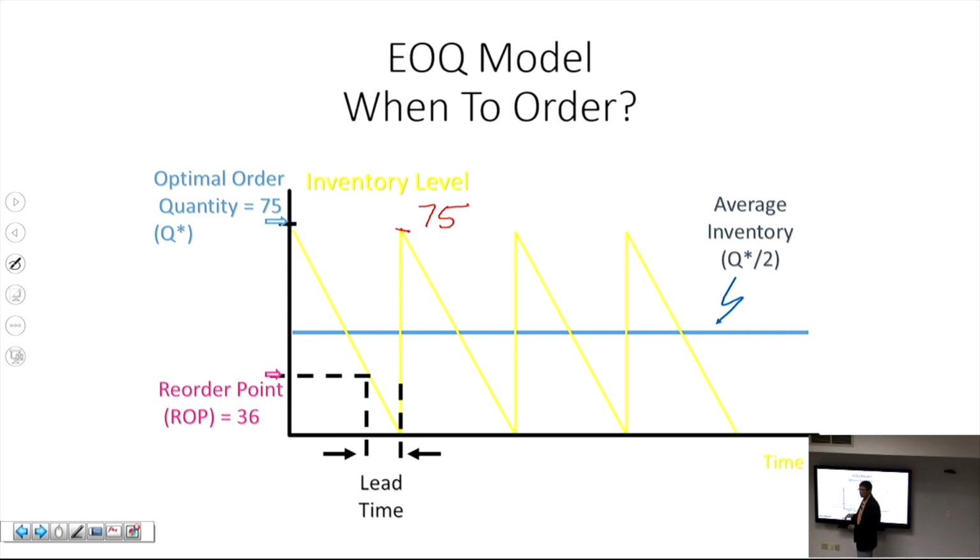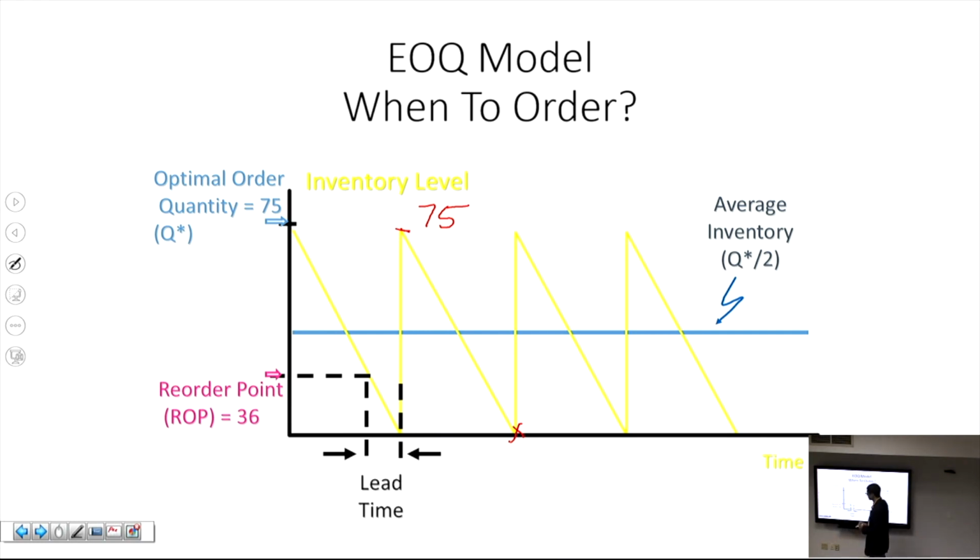Now when you hit 0, for example here, that is not the right time to place an order with the supplier because there is a lead time of 2 weeks. So when I place an order, I have to wait for 2 weeks for the order to arrive. So when I place an order, I should have enough inventory with me which will help me sustain the demand until the order arrives, which is 2 weeks.